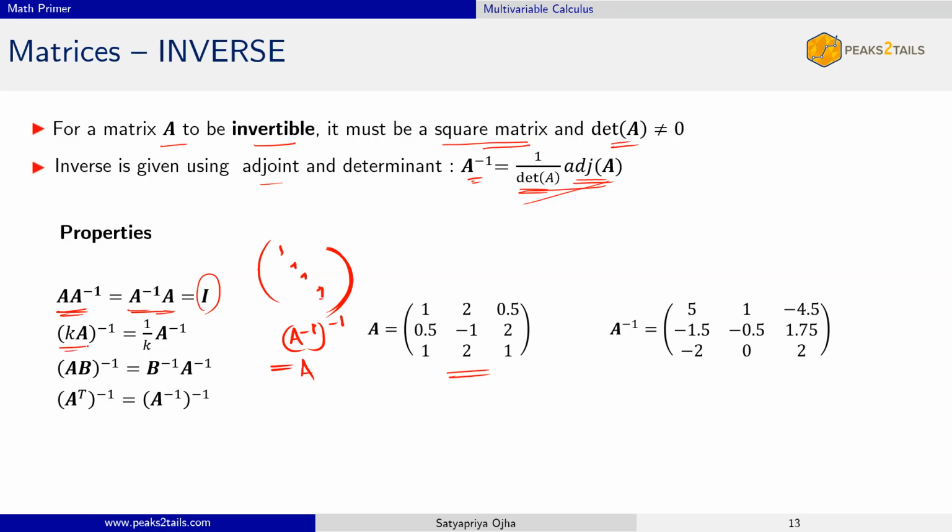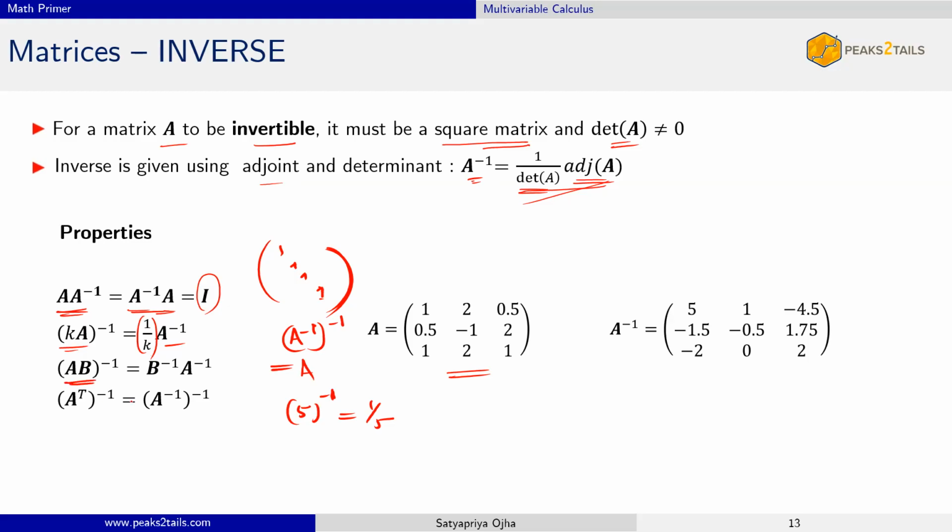Scalar times A, whole inverse, the scalar comes out as 1 by k. Please don't take it out as k because we are doing inverse. What is the inverse of 5? It's the same understanding that we have, right? 1 by 5. So it comes out as 1 by k and then A inverse.